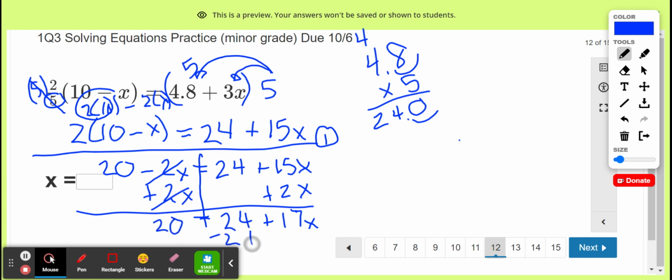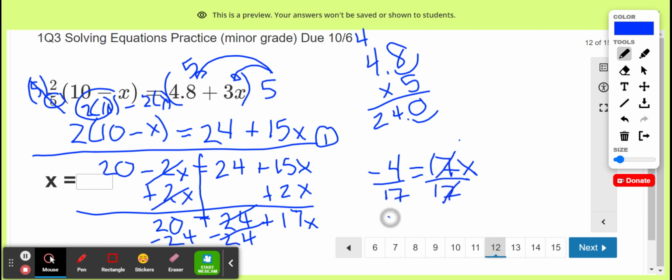We subtract 24 from both sides. It's going to cancel on the right side, and we're going to be left with negative 4 equals 17x. We divide both sides by 17. So x is going to equal negative 4/17ths.